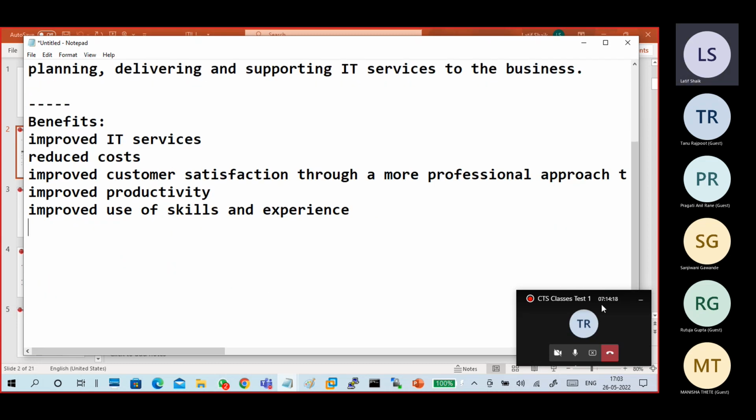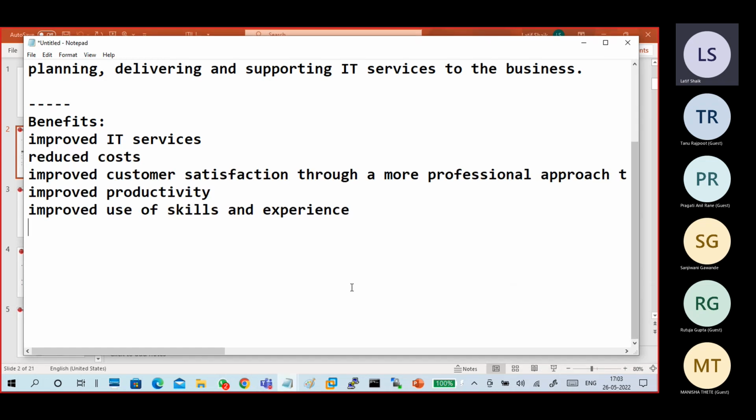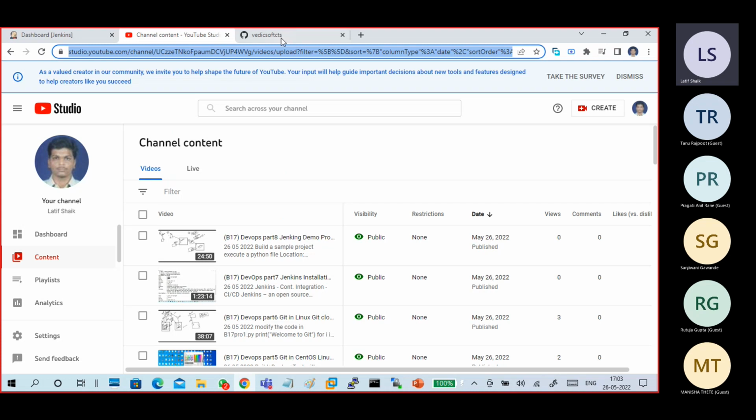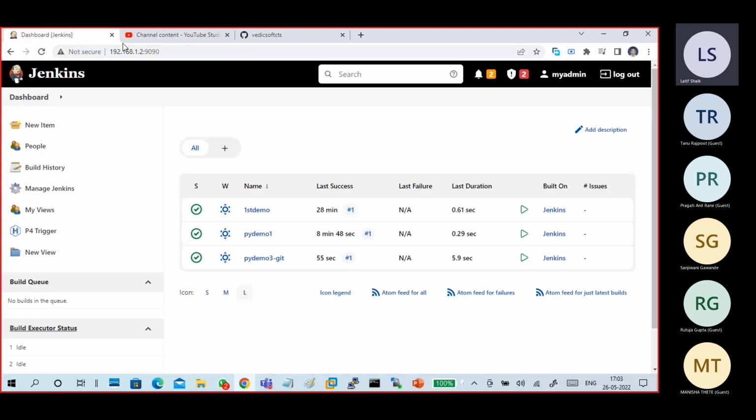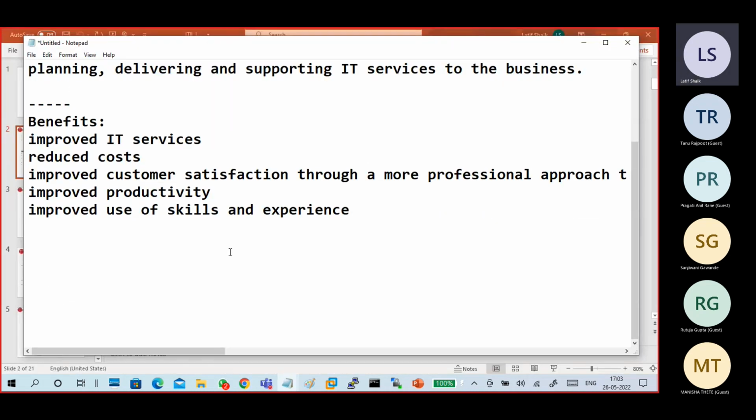Guys, take a simple example in this one. Like internet speed. Think of internet speed or cloud services, IT services, web services, mail services, storage services. Okay, these are all IT services only.